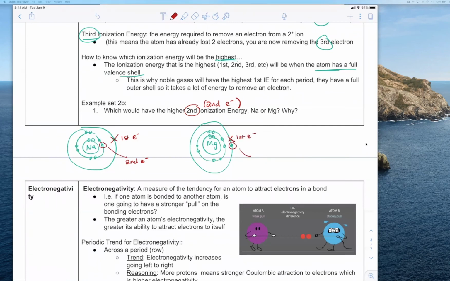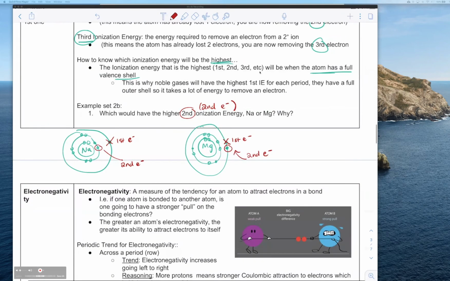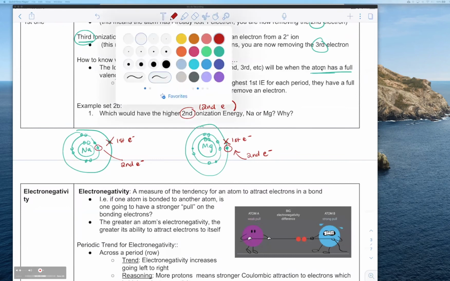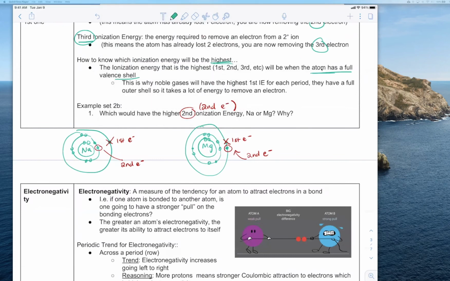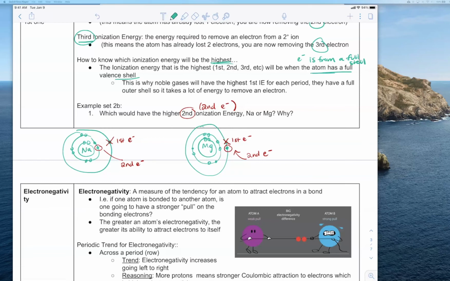And then one of these here, this would be my second electron. Okay, so again, the ionization energy that is the highest will be when the electron is from a full shell. So kind of like a noble gas. So looking at this, I'm going to launch the poll. Which of these do you think would have the higher second ionization energy?